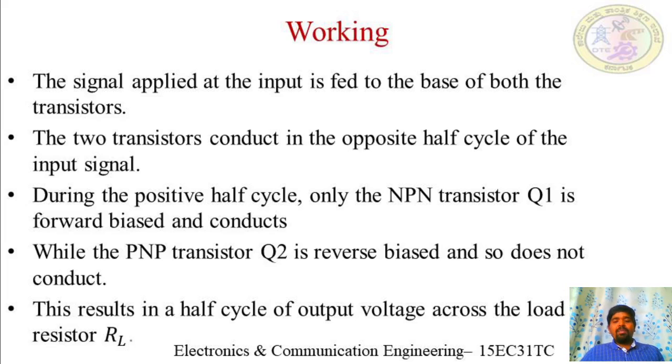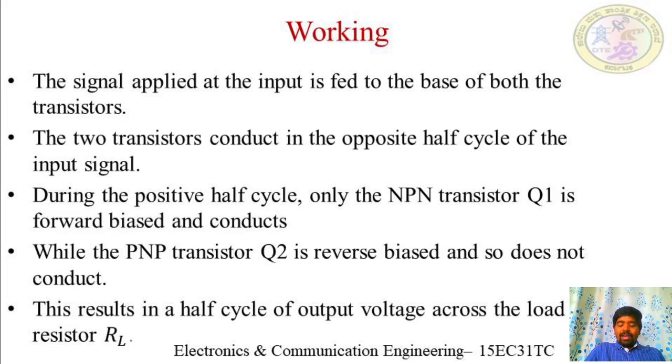That means during the positive half cycle NPN transistor Q1 is forward biased and conducts, while PNP transistor Q2 is reverse biased. So NPN transistor Q1 conducts and PNP transistor Q2 is off. So at the load, the output signal will appear through the NPN transistor because that is in the on condition.